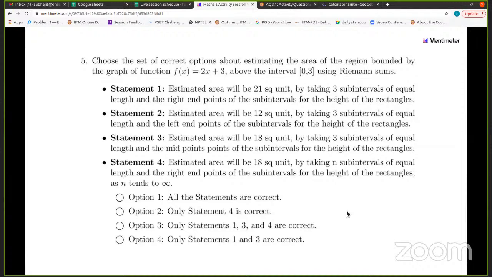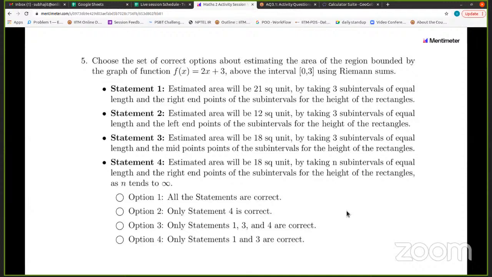What about the first statement? Let's take the first statement. What do we have to do for the first statement? Yeah, f1, f2, f3 addition. So the partition is basically 0 to 1, 1 to 2 and 2 to 3, right? So the length of each subinterval is 1, and the left hand points are 0, 1 and 2.